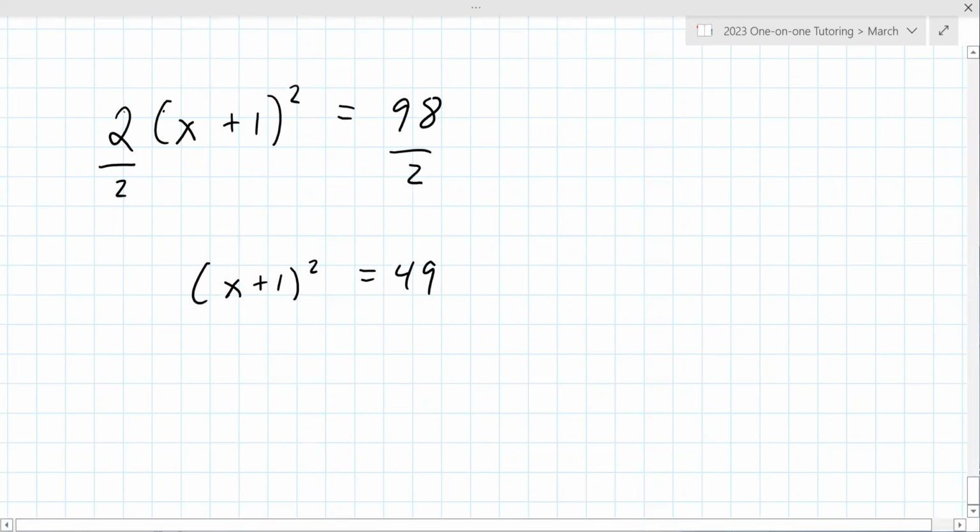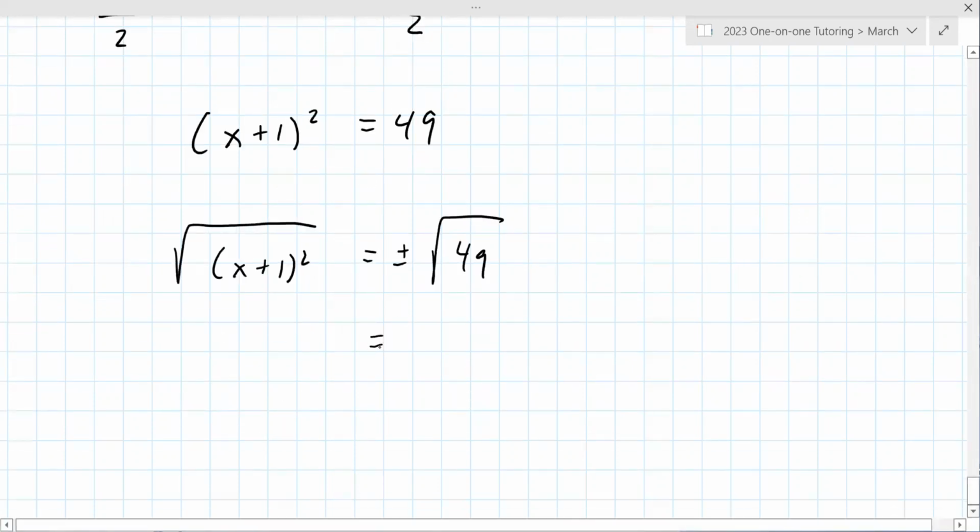Okay. Now you're going to take the square root of both sides. So x plus 1 equals plus or minus the square root of 49. Can you tell me what the square root of 49 is? 7. So plus or minus 7.